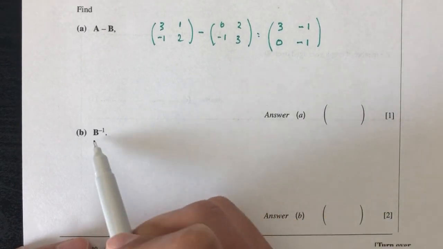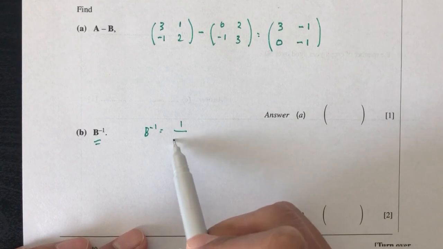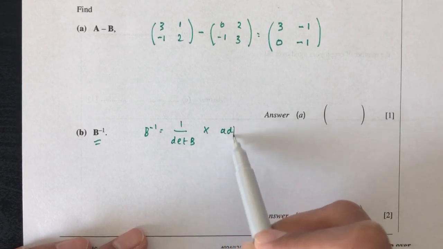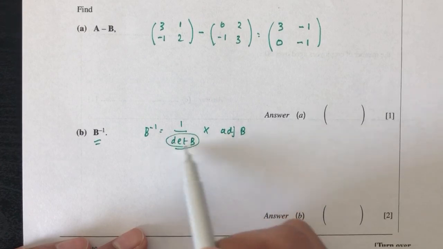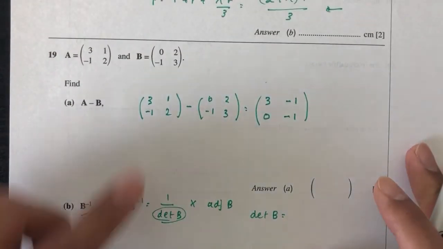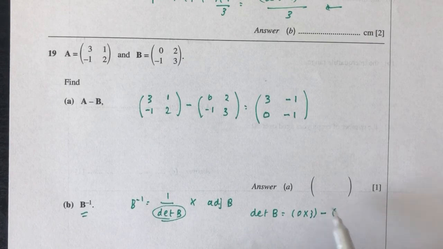Part B, find the inverse of B. So we know that the inverse of B is equal to 1 over the determinant of B times the adjugate matrix of B. So let's find this one first. The determinant of B, this is the matrix B, so we have to cross multiply. We have 0 times 3 minus minus 1 times 2. That will be 2.